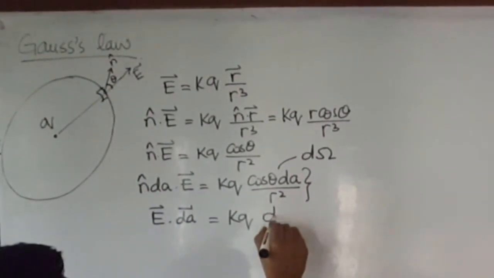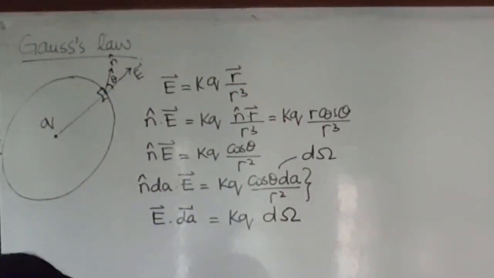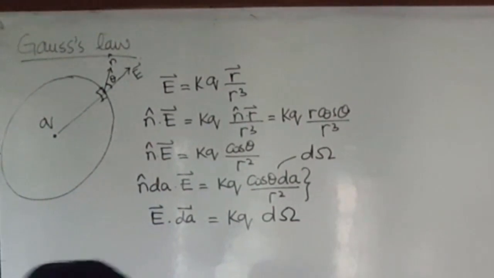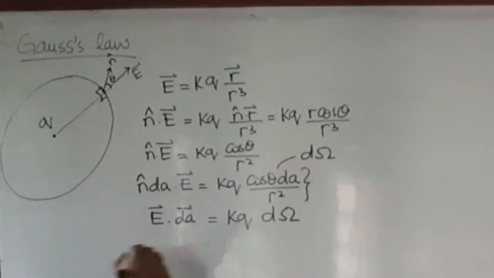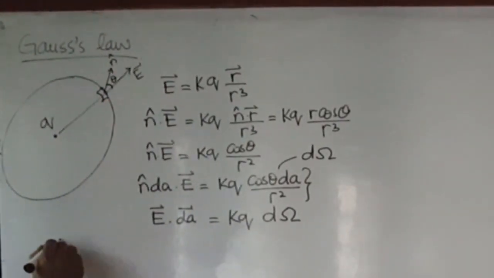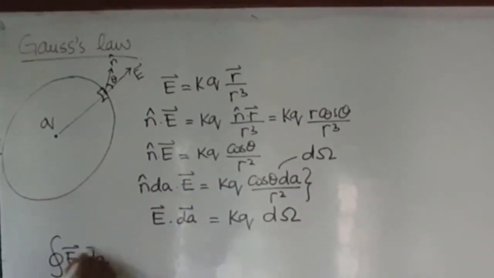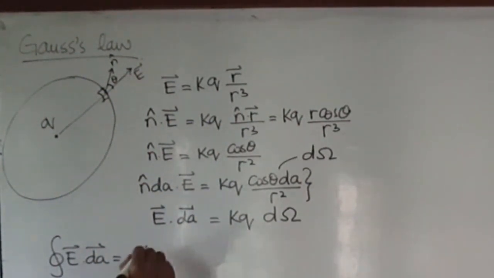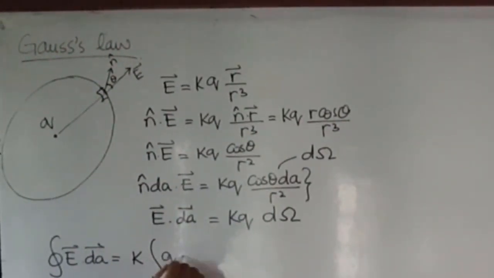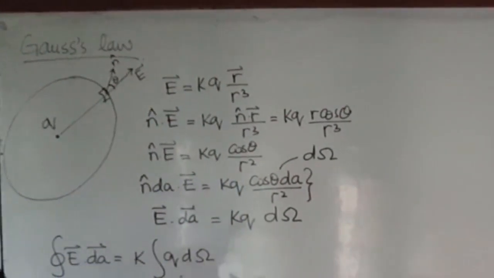So I can write d omega here, and if I integrate on a closed surface, then the integral of E dot dA is equal to K Q times the integral of d omega.